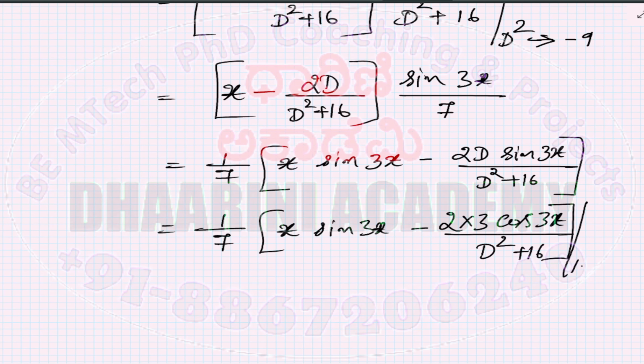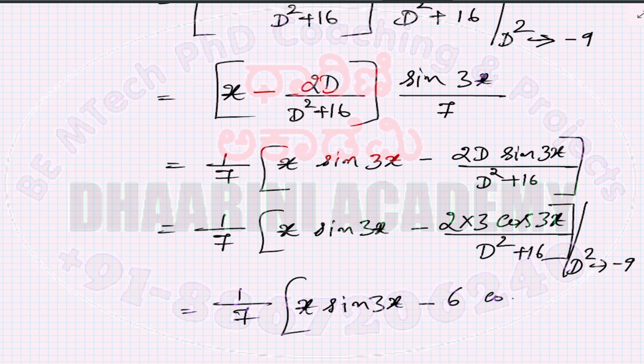Now substitution is d square by minus 9. 1 by 7 into x sine 3x minus 2 into 3 is 6, this is cos 3x whole divided by 16 minus 9, which is once again 7.